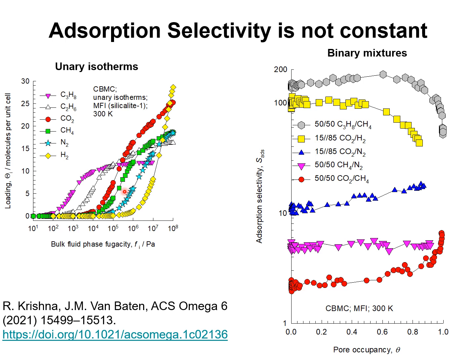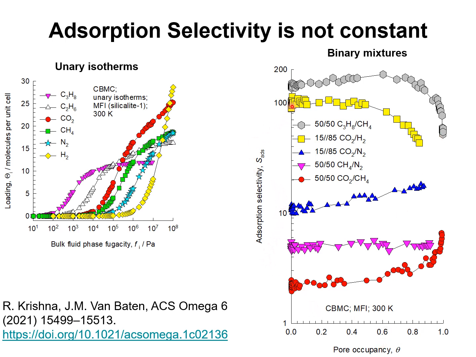And we note that the propane saturation capacity is about 12, whereas the saturation capacity of methane is about 20. So the data show that the adsorption selectivity decreases in favor of the component with the lower saturation capacity as the occupancy increases.